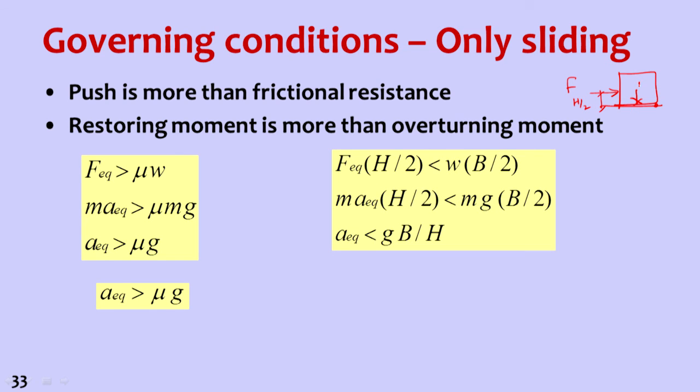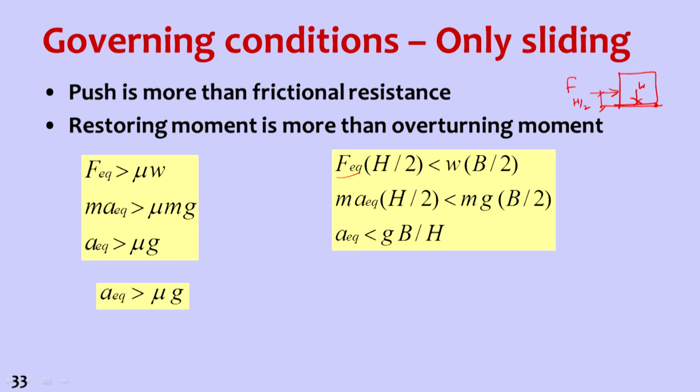W is weight, and weight into b by 2 is in the anti-clockwise direction. If it has to overturn, the moment due to applied force should be greater than this one, but for not overturning, only sliding condition, this has to be less. So F into h by 2 should be less than W into b by 2.